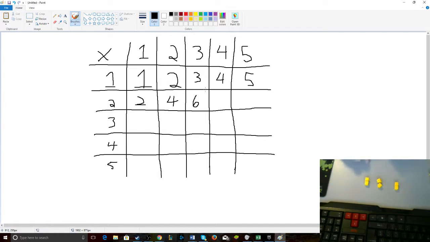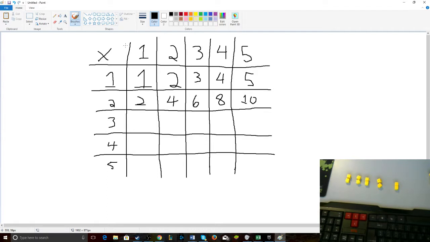Now, if we have 4 groups of 2, we'd have 2 times 4, and that equals 8. Now, if we have 5 groups of 2, we have 1, 2, 3, 4, 5, 6, 7, 8, 9, 10. Now, if you look at these numbers, you can kind of see a pattern.